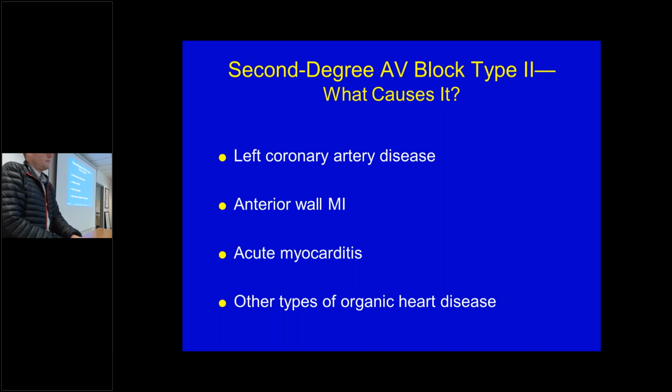All right. So type 2, because they are below the AV node, this is bundle branch and His. It's going to be more anterior wall MIs, meaning left coronary artery disease, right?